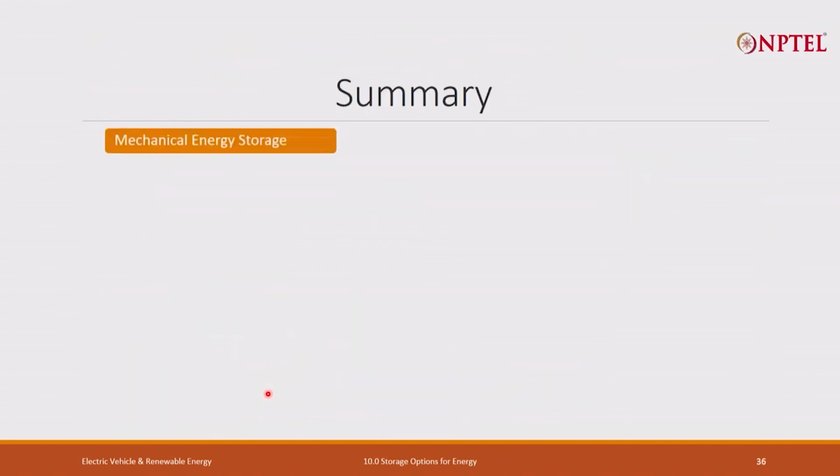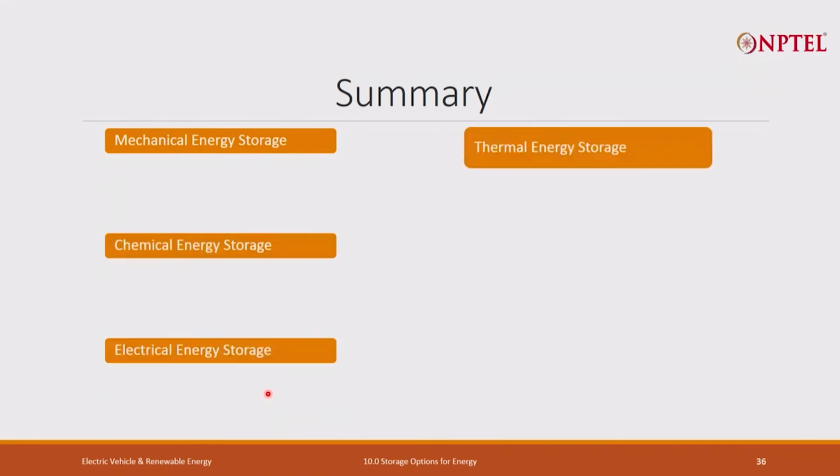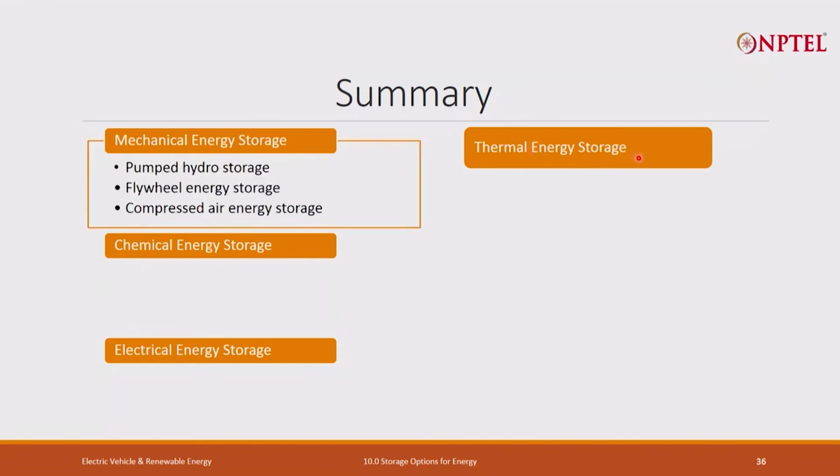So with this, I will summarize the whole chapter 10. We have talked about various types of energy storage systems: mechanical energy storage system, chemical energy storage system, electrical energy storage system, thermal energy storage system. What we have talked about: pumped hydro storage for mechanical, flywheel energy storage, compressed air energy storage.